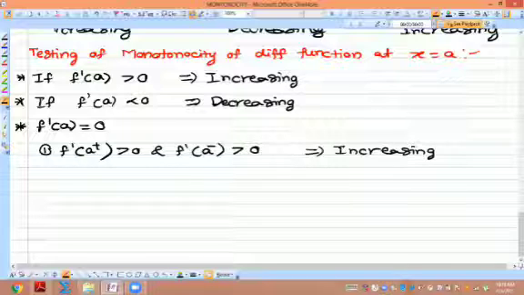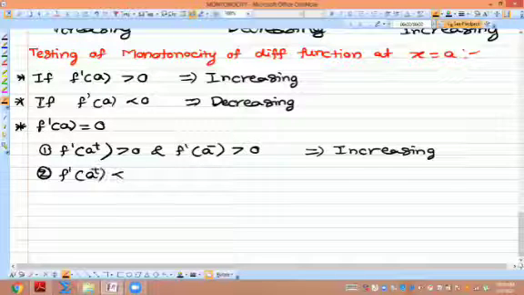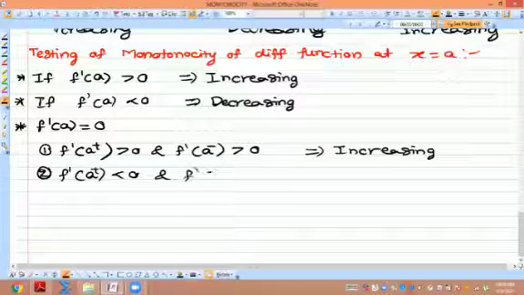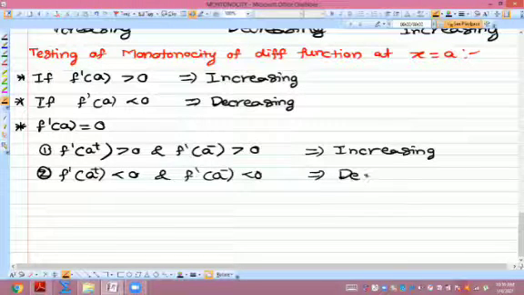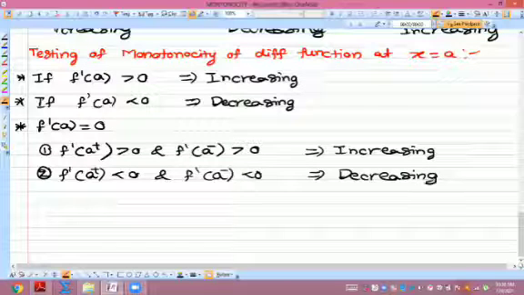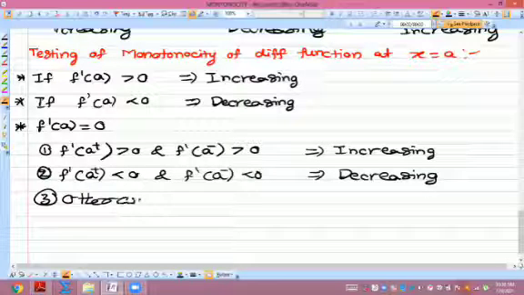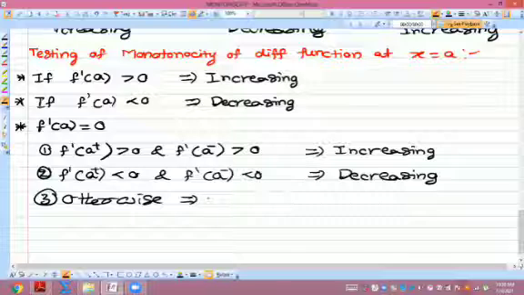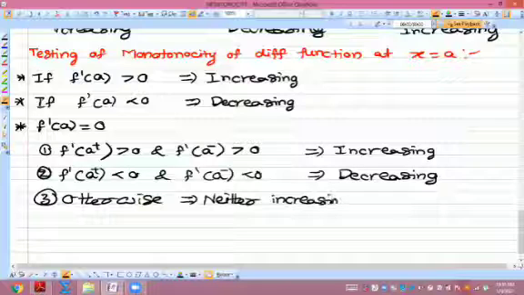If both are negative, then we will call it a decreasing function. In other cases, it is non-monotonic, meaning it is neither increasing nor decreasing. Okay?